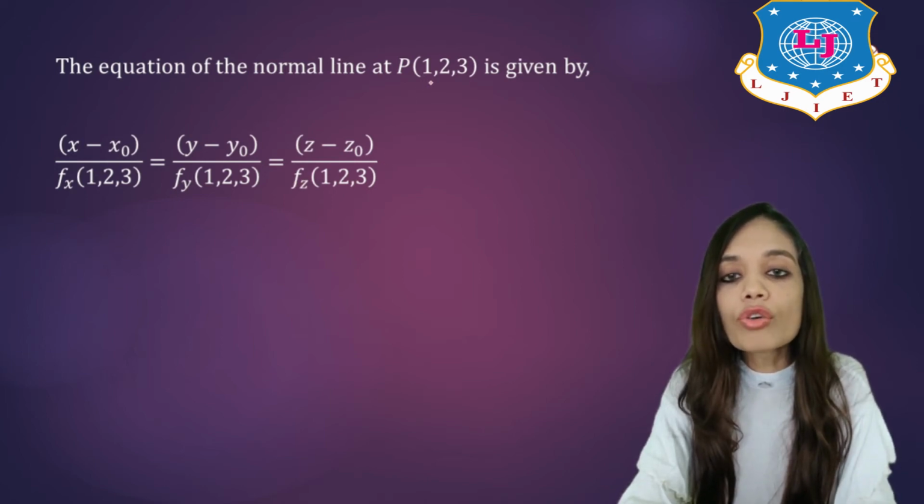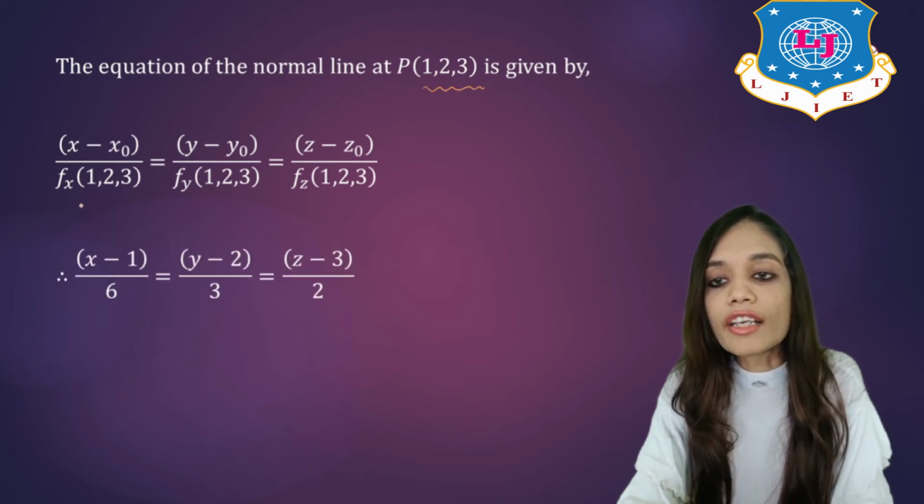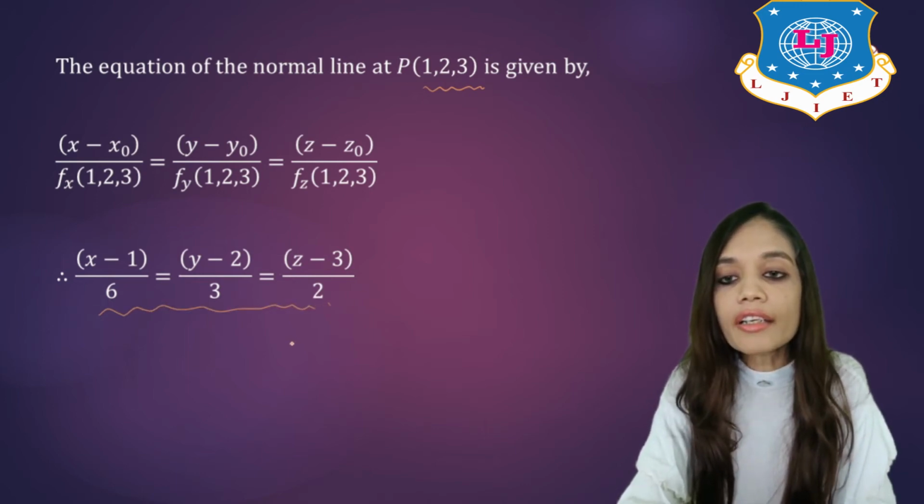Now put the value of x0, y0, z0, which is 1, 2, 3, and the values of partial derivatives. So you will get (x minus 1) upon 6 equals (y minus 2) upon 3 equals (z minus 3) upon 2. So this is our equation of normal line.